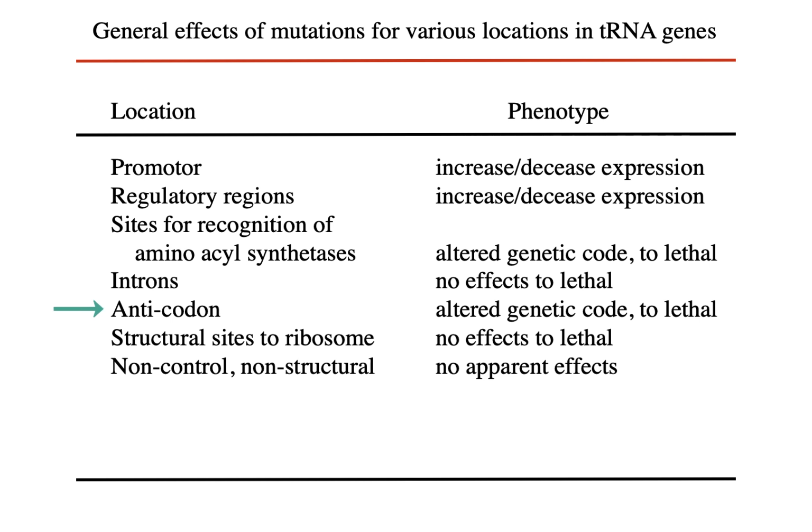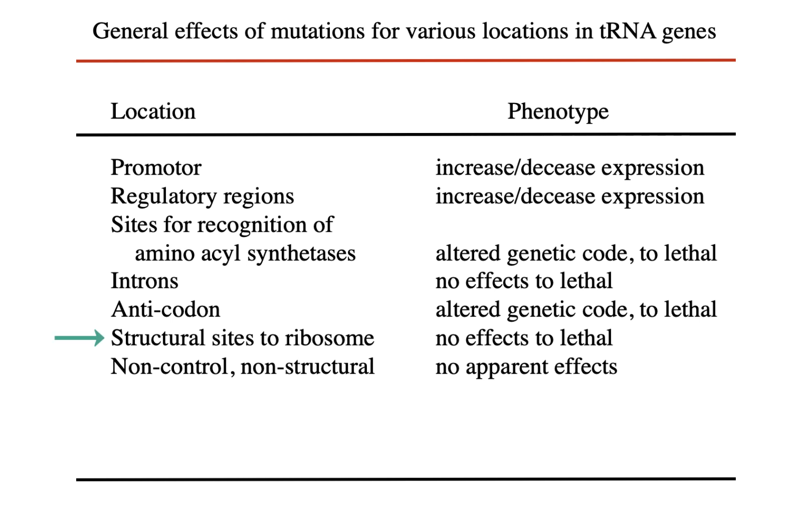If you have a mutation in the anticodon, that could alter the genetic code, and probably it's one way that the genetic code did evolve, by having mutations in the anticodon or anticodon loop.